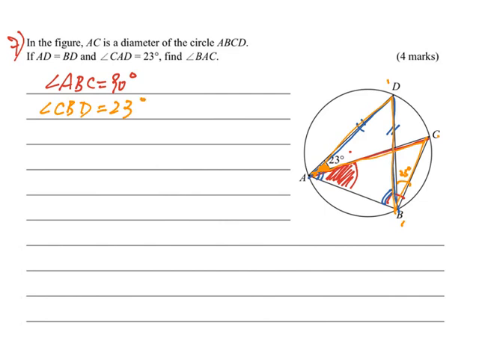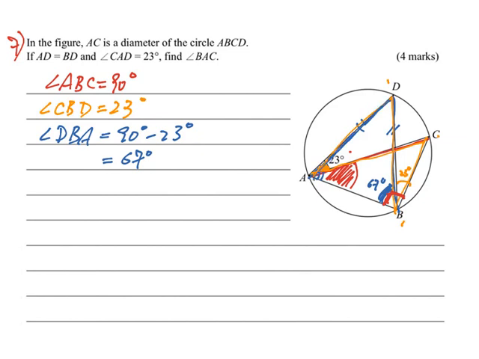And then because we know this angle is a right angle, that means we can find this blue angle. For this blue angle, it is DBA. This DBA is equal to 90 minus 23. So we can get 67.